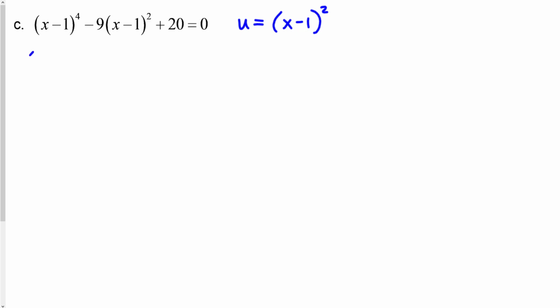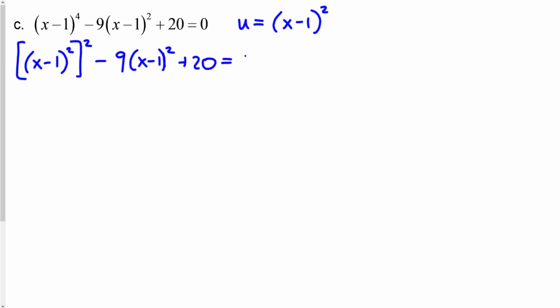So essentially I can write x minus 1 to the 4th as x minus 1 quantity squared, squared, minus 9 times x minus 1 quantity squared, that's already in the form that I want it, plus 20 equals 0. So this becomes u squared minus 9u plus 20 equals 0.